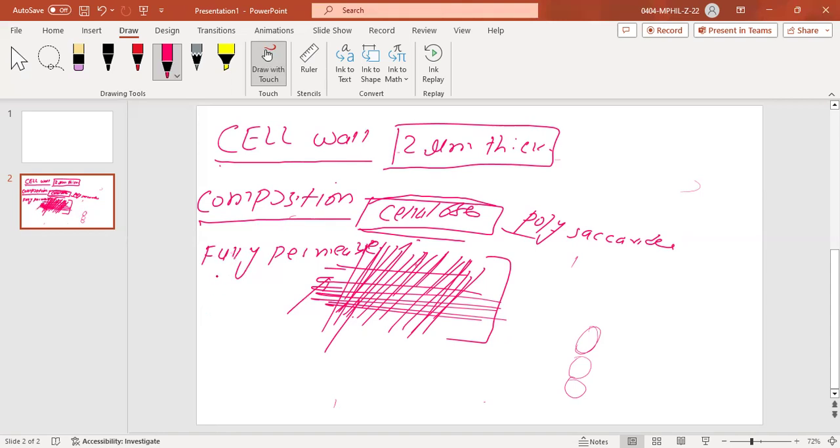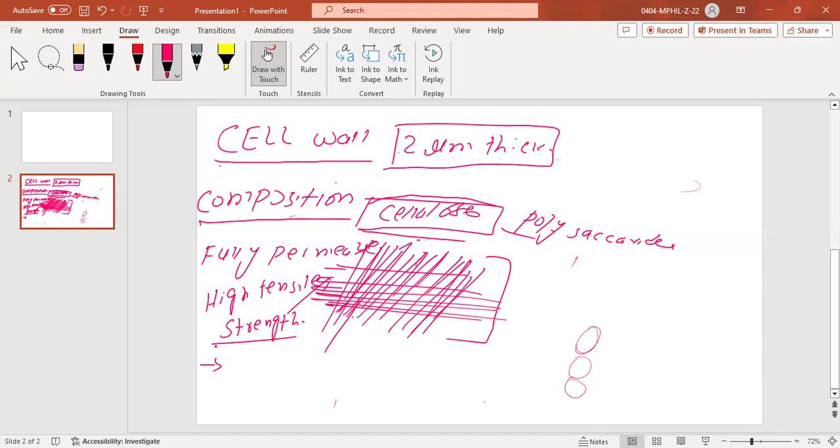And another important thing is that it has high tensile strength. What is tensile strength? We have studied in physics: the ability of a substance to resist breaking when force is applied. So when you apply force to break this cell wall, it will bear a lot of force before it breaks, right?